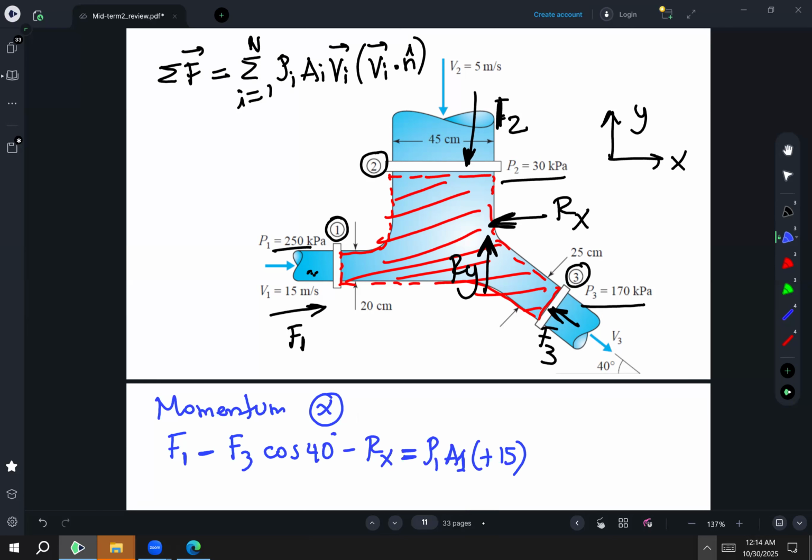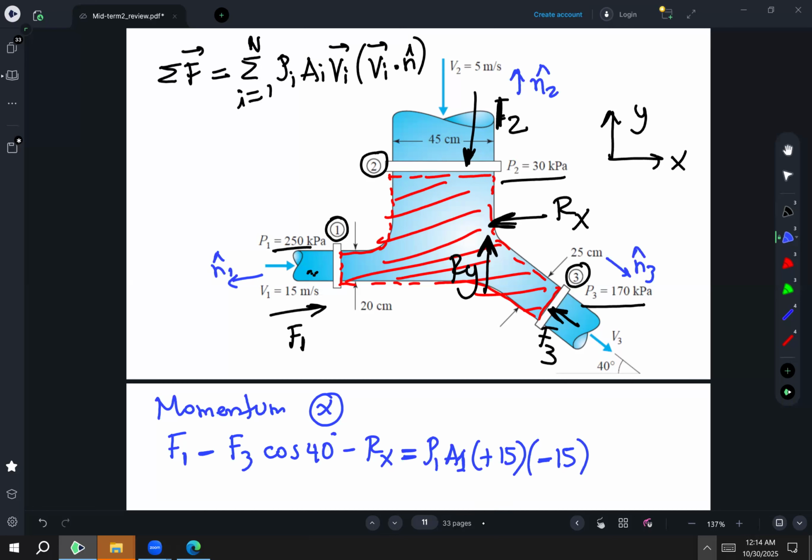Okay, so we have velocity going to the right, and n is always pointing outward. So this is n1, this is going to be n2, and this is going to be n3. So the product of V1 and n1 will be negative because they are in the opposite direction. So this is going to be minus 15.